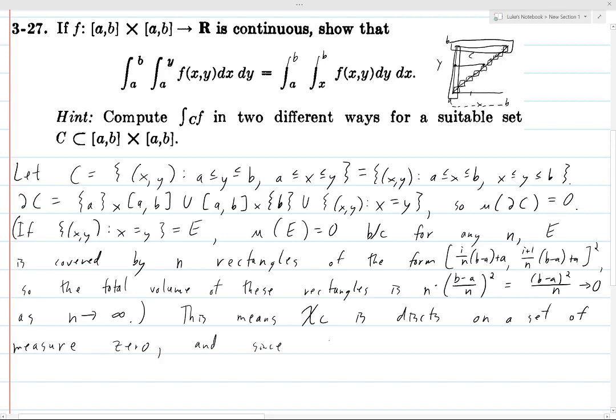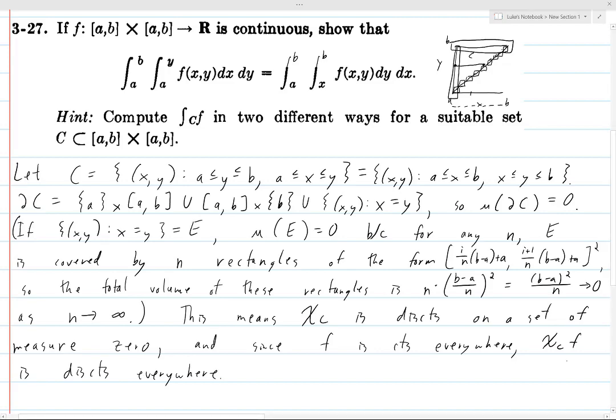And since f is continuous everywhere because it's a continuous function, the indicator function chi C times f is discontinuous everywhere. No, what am I talking about?